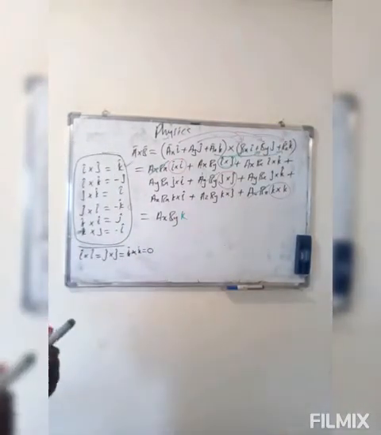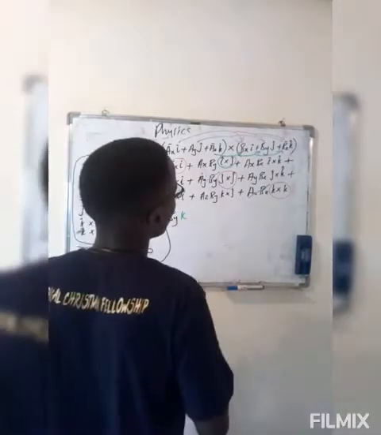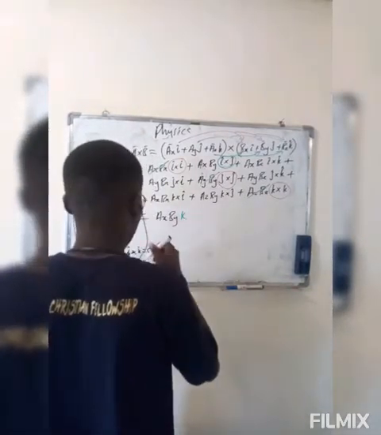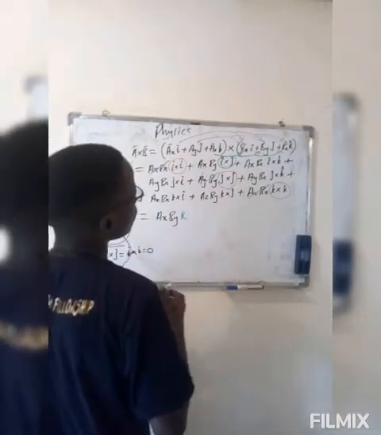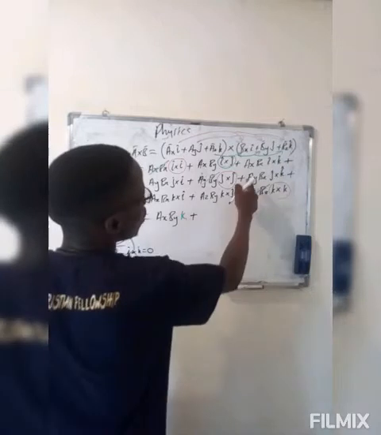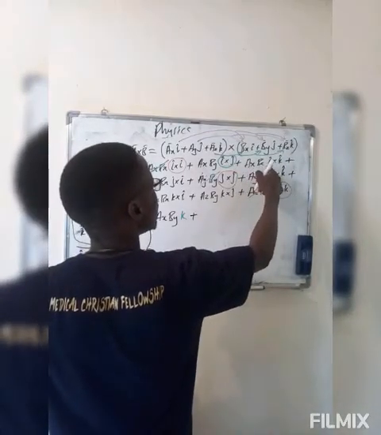Then what next? We now go to which one? We say plus, we have AX BZ, i by k.